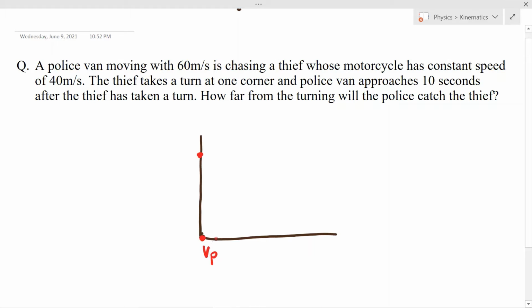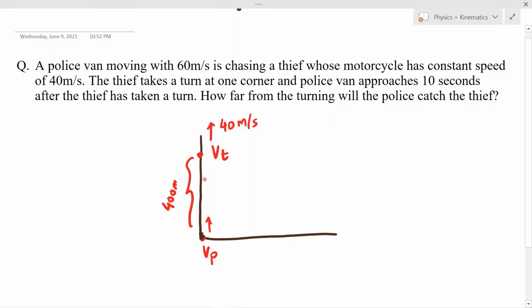Let's say this is the velocity of the police van and this is the velocity of the thief. So this is the velocity of thief into 10 seconds. That is, the velocity of thief is 40. So this is 400 meter, because in 10 seconds this thief will cover 400 meter distance. Now the police has the velocity 60 meter per second in this direction, and the thief also has a velocity in this direction but with magnitude 40 meter per second.